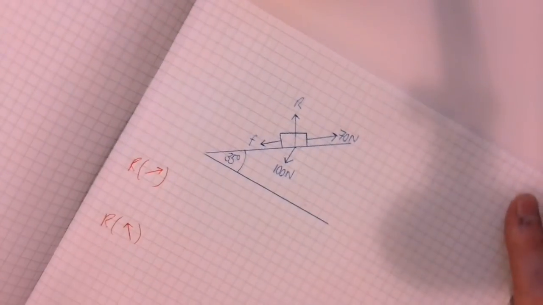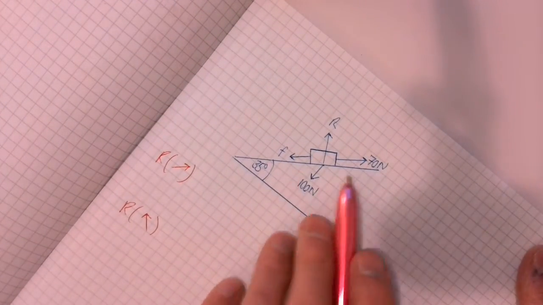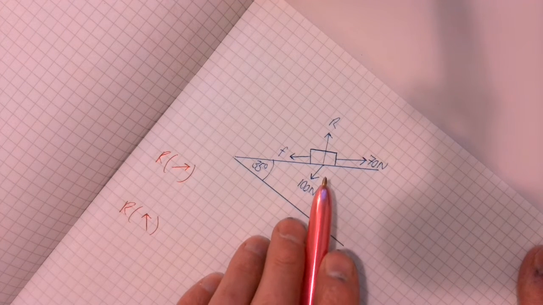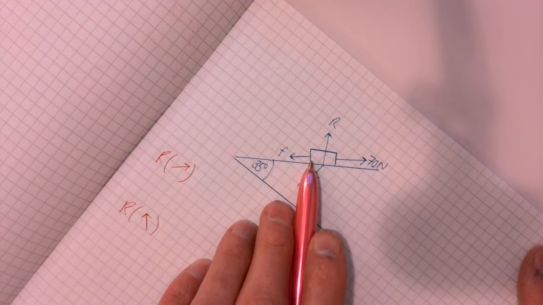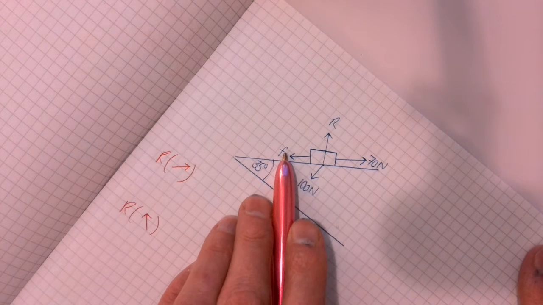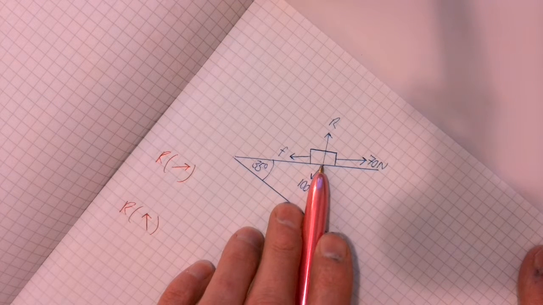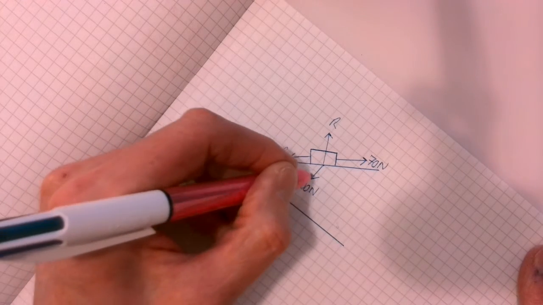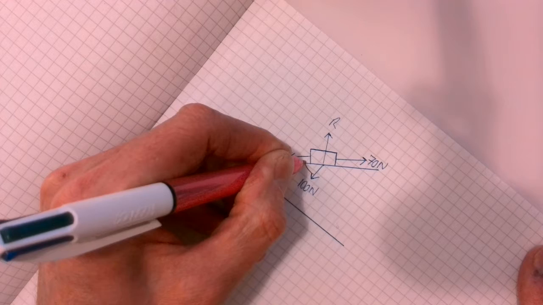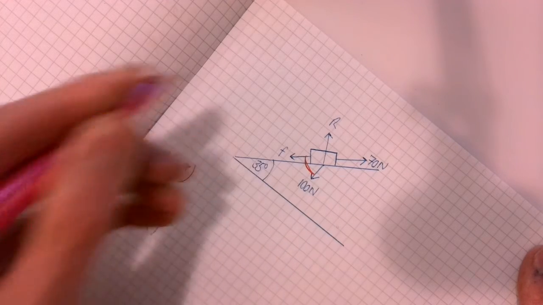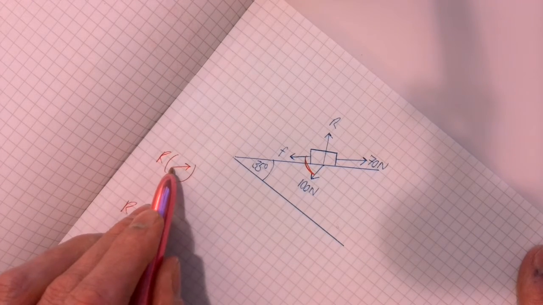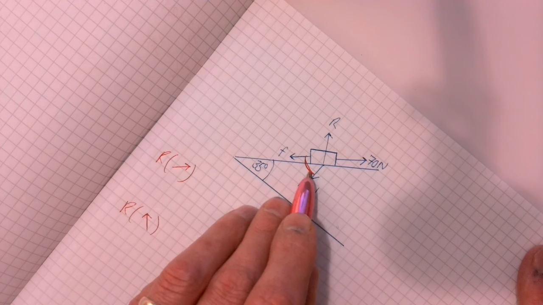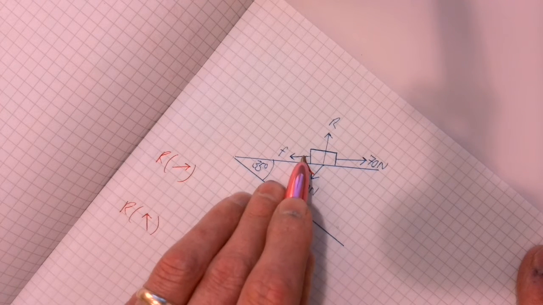Right, so if we resolve parallel to the slope, we've got the boy pulling up, and there are two forces pulling down. You've got this force, which we're trying to calculate, and we've got the component of this force. So let's work out the angle of that force to that slope, okay?